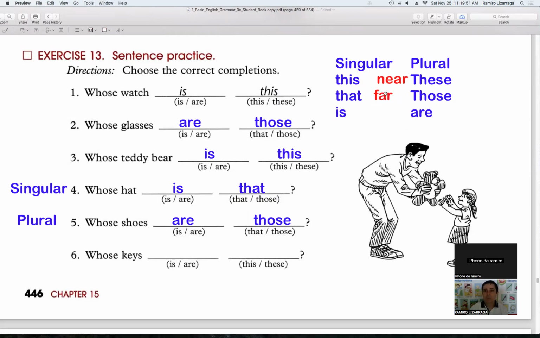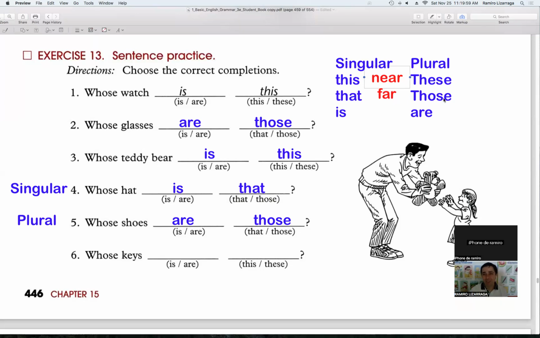What is near and what is far? You use this and these when things are near. And you use that and those when the things are far. When something is far away.